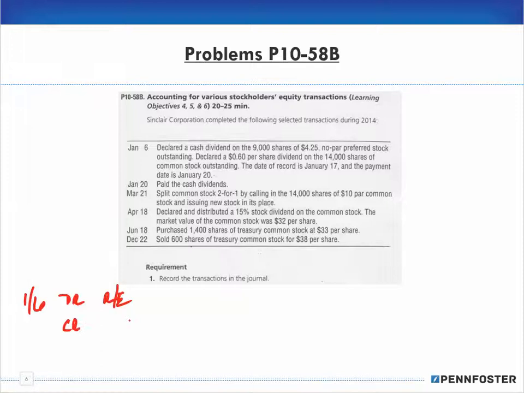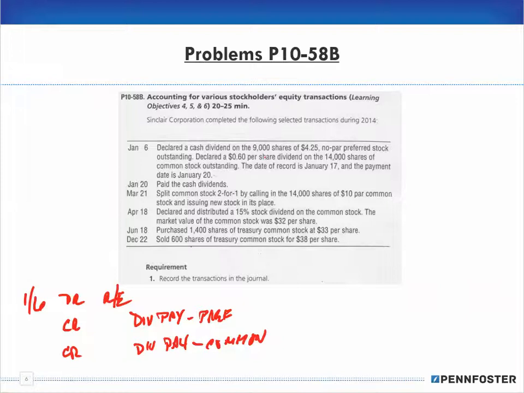So I have to credit the dividend payable for preferred and credit my dividend payable for common. Those amounts will be the amount I'm going to have from my retained earnings for the payment of dividend, because we're declaring, we haven't paid it out yet, so it'll be a liability.